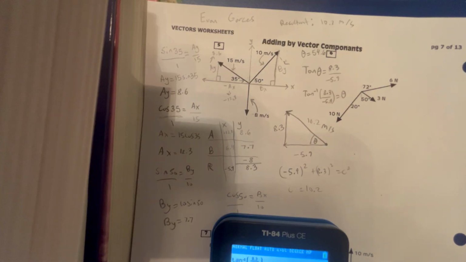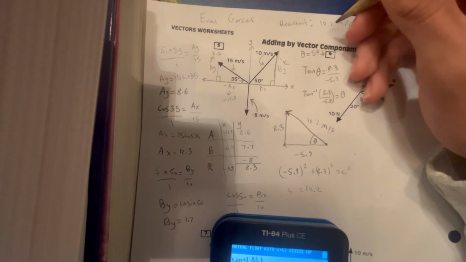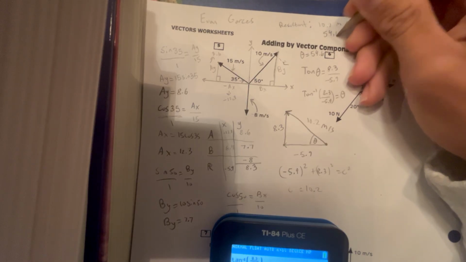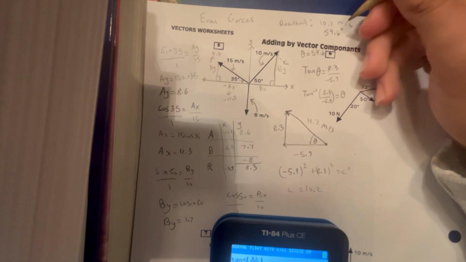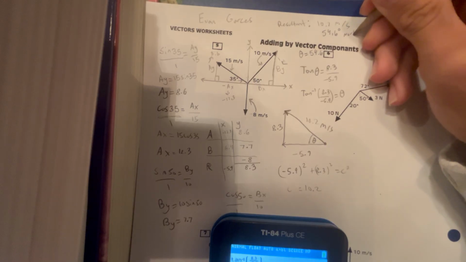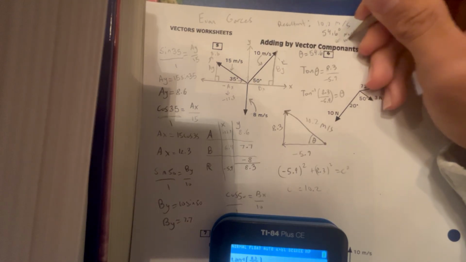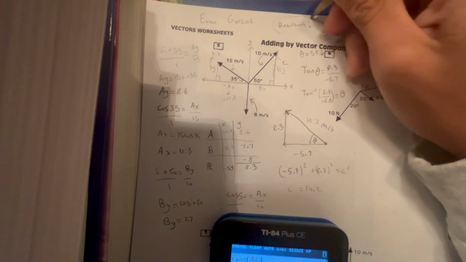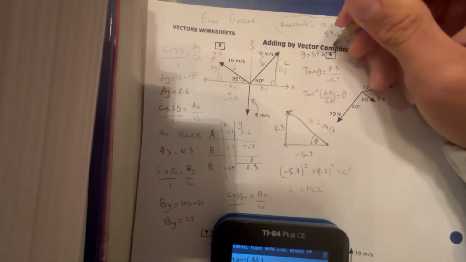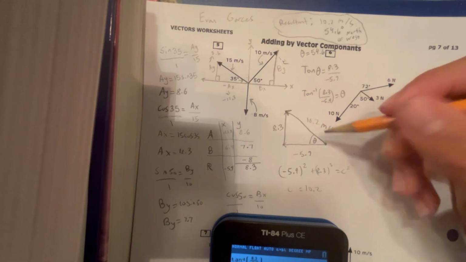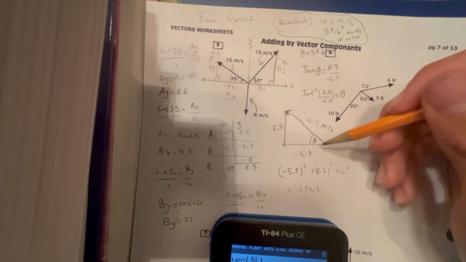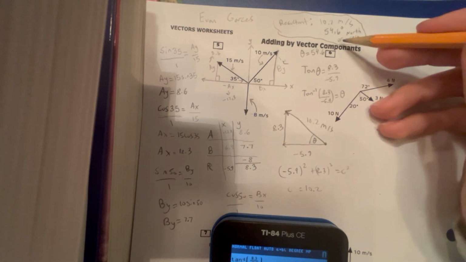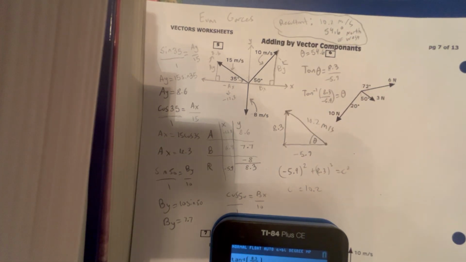So we're going 54.6 degrees north of west. And that's your answer. That's because you're going west first, so once you go west, now you're going north from west. So north of west.